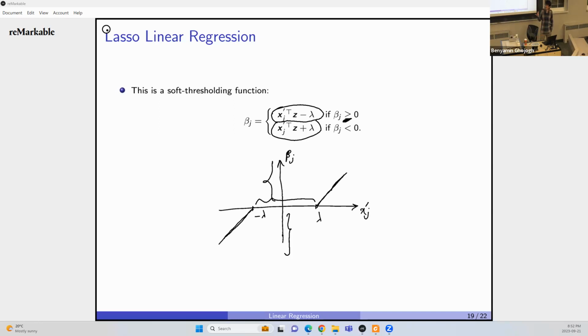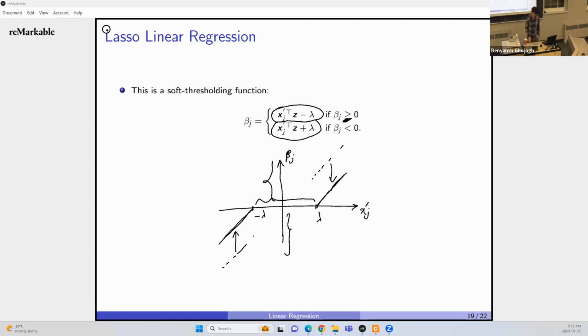Make it sparse. Otherwise, shrink it. So in these regions, as you see, they have been shrunk. So shrink it, but if it is very small, completely put it to 0. As a result, the vector beta becomes sparse. Many of the elements of beta will be set to 0. Did you understand?